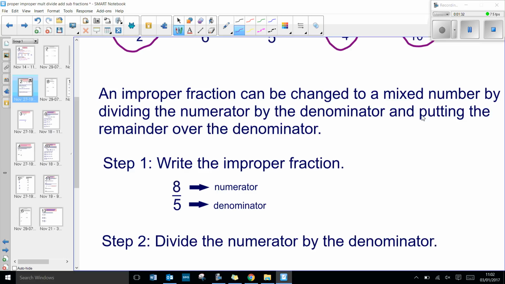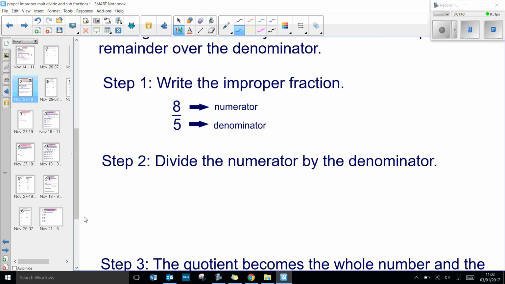So here we know that 8 is the numerator, 5 is the denominator. So we say, what's 8 divided by 5? That's just 1. And there's a remainder of 3. So our step 3 would be 1 3/5.